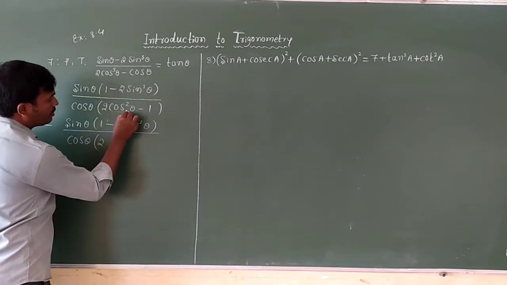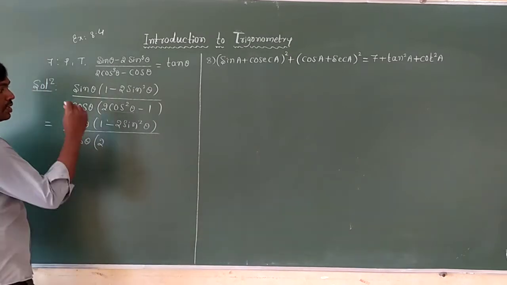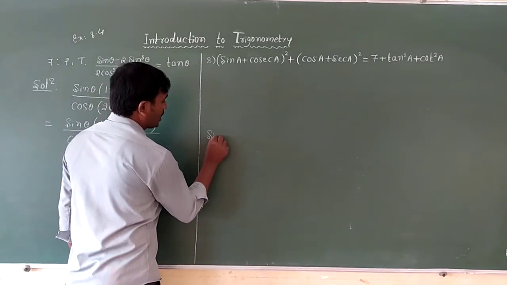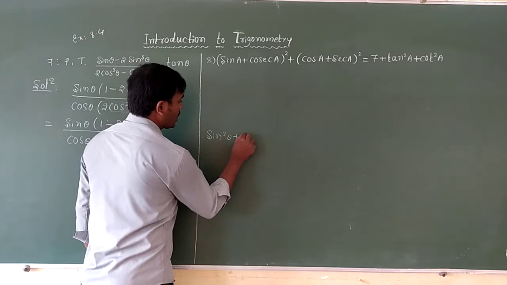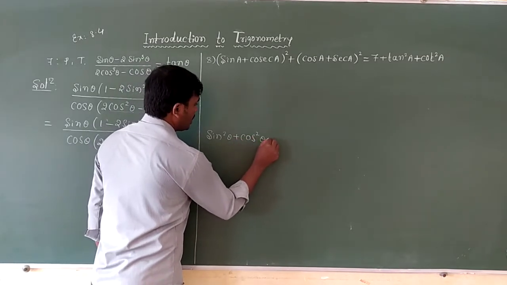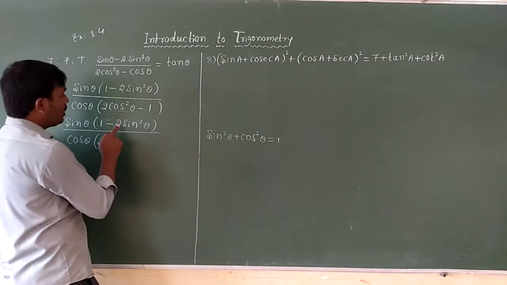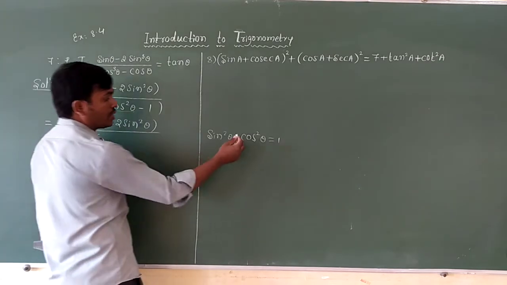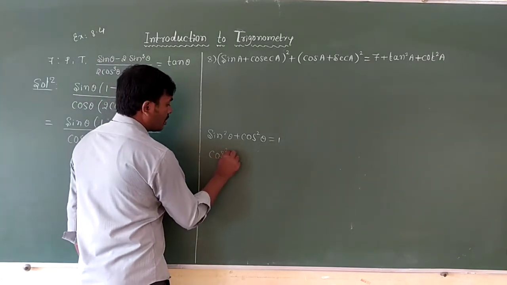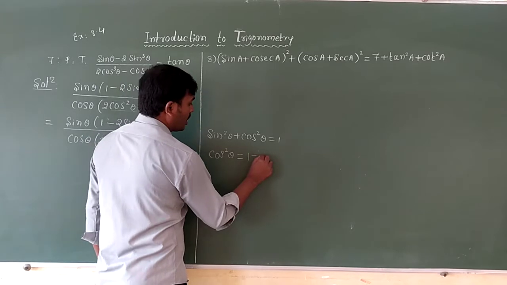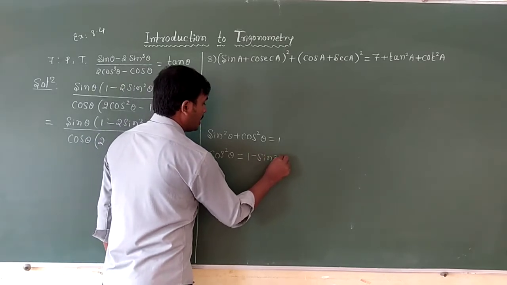Here find the value of cos square theta. We know that sin square theta plus cos square theta is equal to 1. Here we need to find the value of cos square theta. So cos square theta is equal to 1 minus sin square theta.